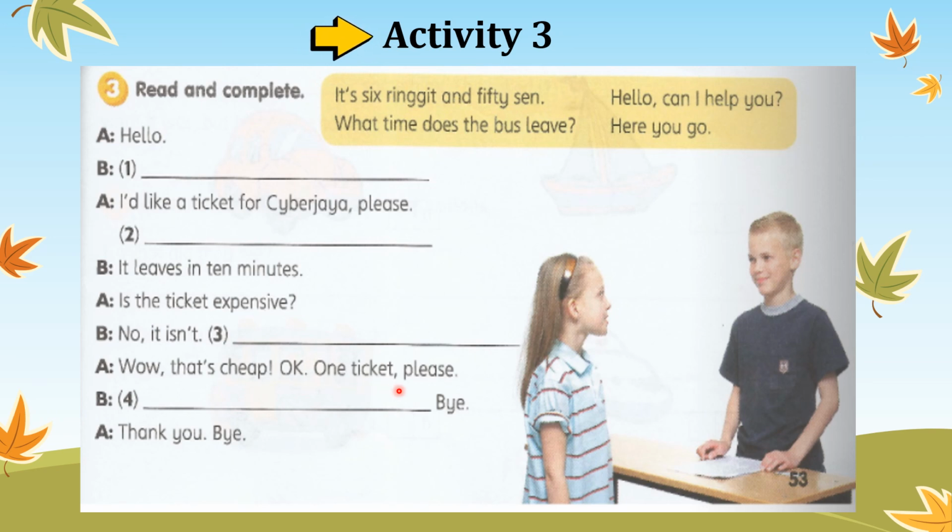Okay, one ticket please. Okay, and then the boy will give the ticket to the girl. So of course he will say, here you go, bye. And then the girl will say thank you to the boy. Okay, so try to do the exercise in your module.